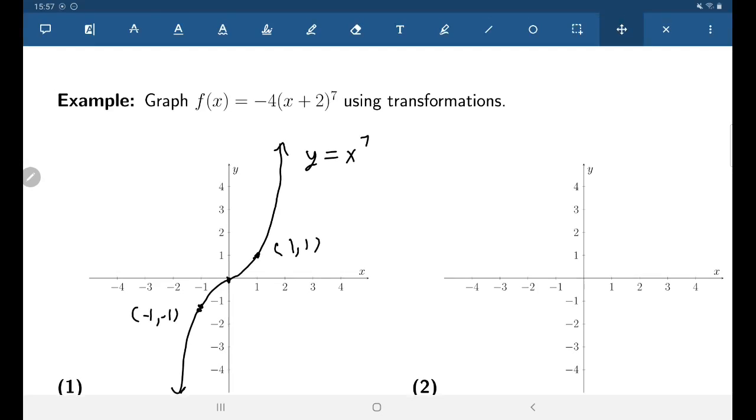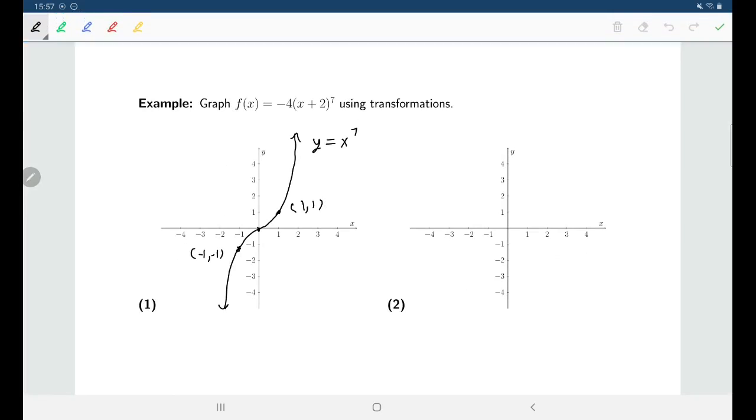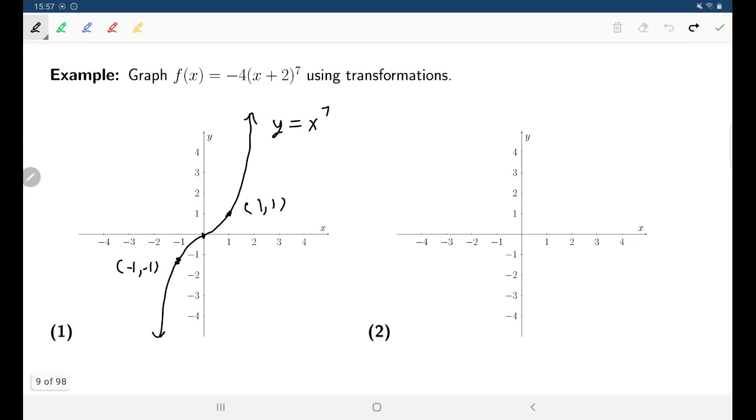And then for the rest of my graphing, I'm going to be doing it via transformations. Notice I've got two transformations going on here, one of these being a horizontal shift to the left by 2 units, and then I've also got a vertical stretch and a flip. So I'll start with the horizontal shift to the left by 2. This is subtracting 2 from every x value.